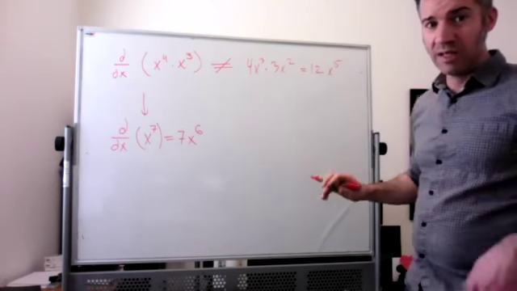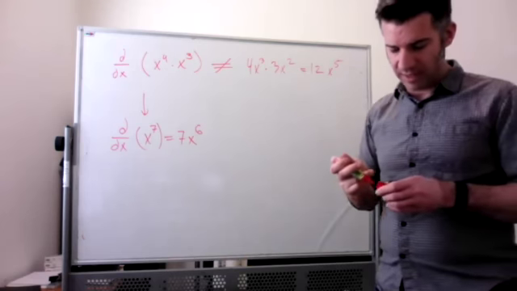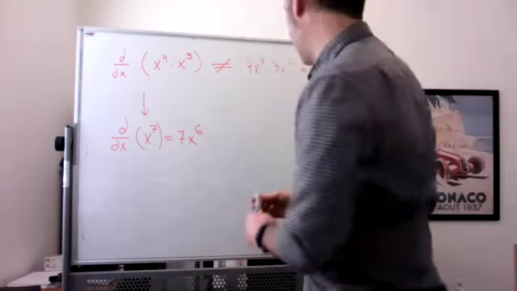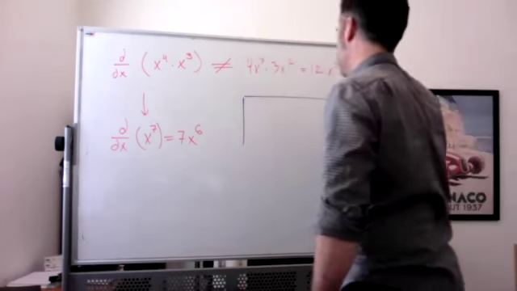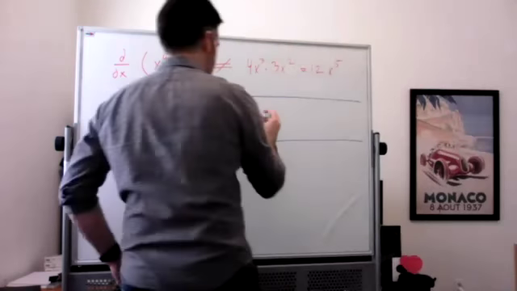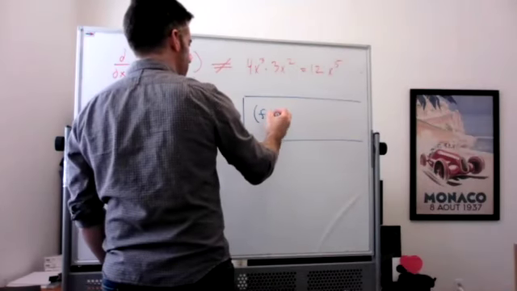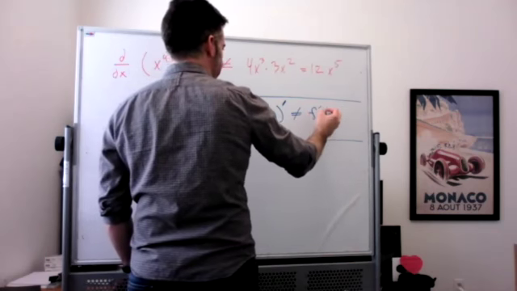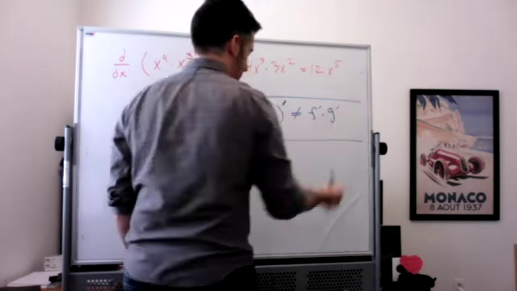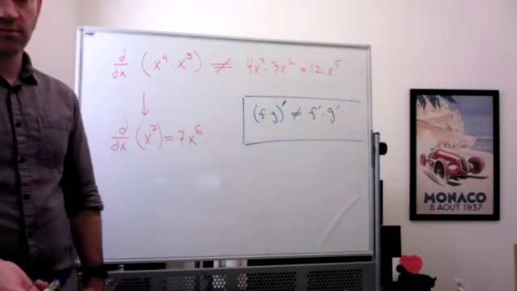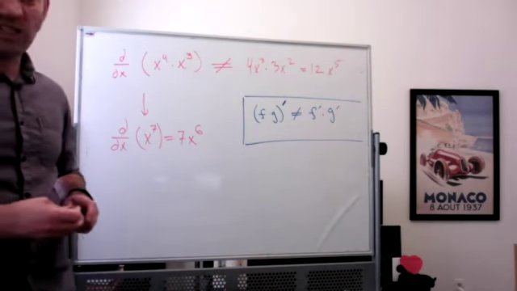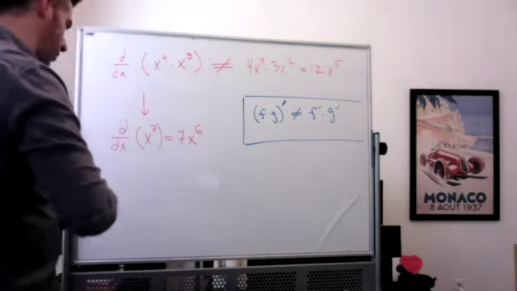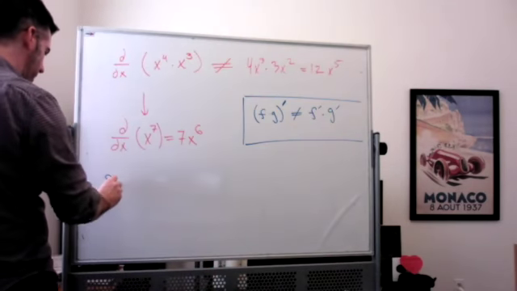So I really have to strongly emphasize, I cannot say this loudly enough. If you take the derivative of f times g, it is not equal to the derivative of f times the derivative of g. So what is it then? Well, here is the product rule. The product rule says the following.